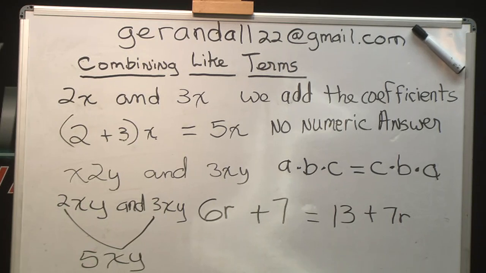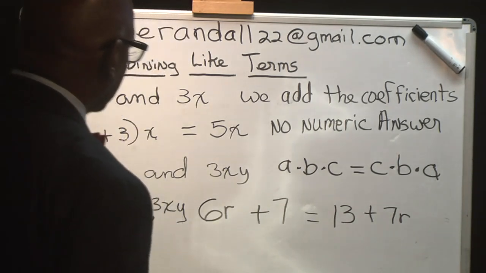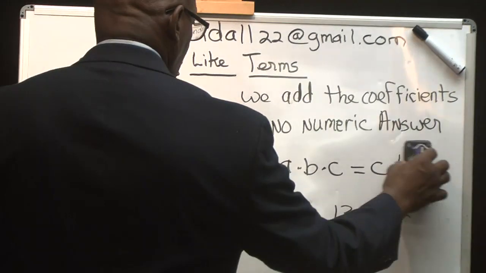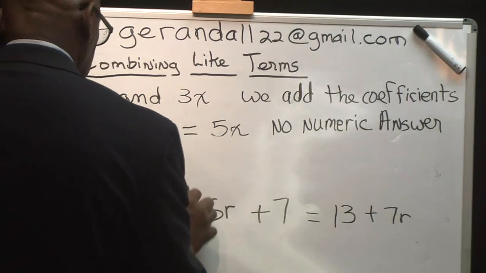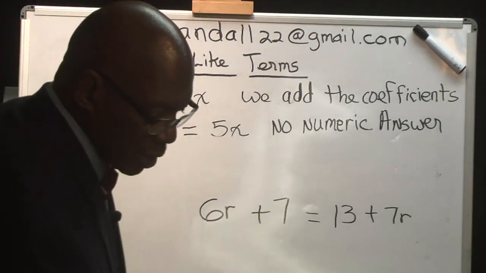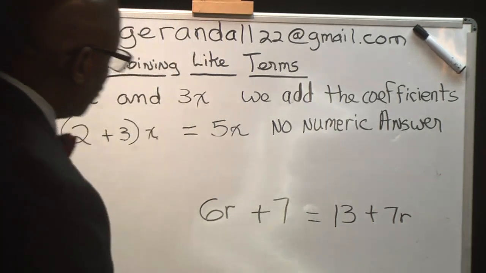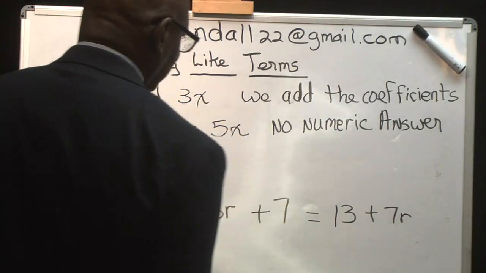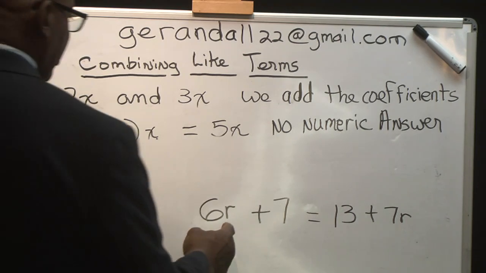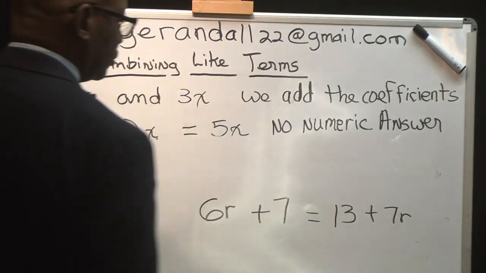Now, why did we do all of that? Because I have some algebra students who are working on problems such as this one. And this one is what's called a linear equation, okay? And we're solving for the variable r.